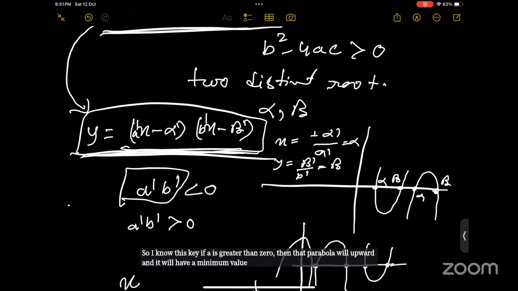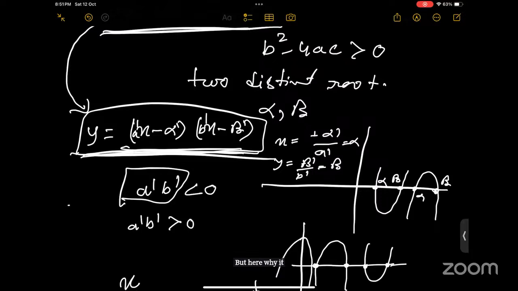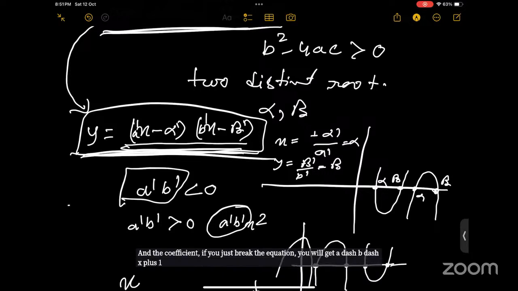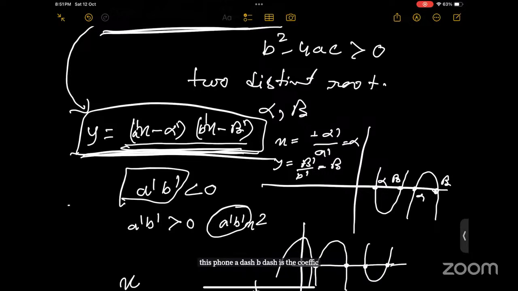But here why does it depend on b also, like b dash? Because we want the coefficient of x square, right? If you just expand the equation, we will get a dash b dash x square. This whole a dash b dash is the coefficient of x square.